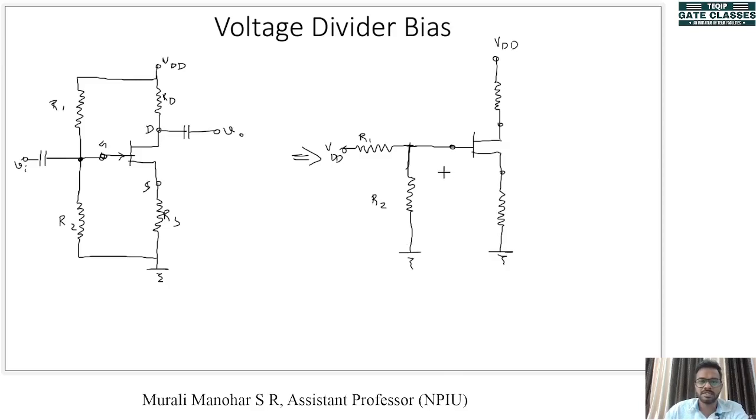We have already done this, that's why I am going on this figure itself. So we can find out a Thevenin equivalent of this voltage and resistors, and that Thevenin equivalent will look like this, replacing these two resistors and that DC supply by its Thevenin equivalent.